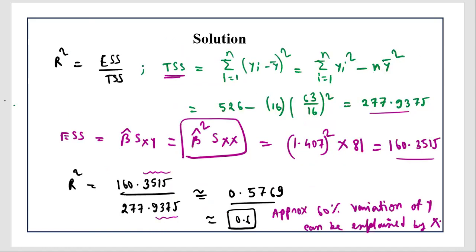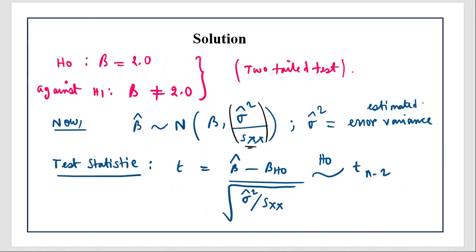Once you do that, you can find R square using the TSS and ESS. The TSS formula and ESS formula I have given to you. Take a screenshot and do it for yourself. Don't copy this, just do it yourself. That will make your concept clear. Then we went into the hypothesis testing portion, where we checked whether the slope parameter can take the value 2 or not.